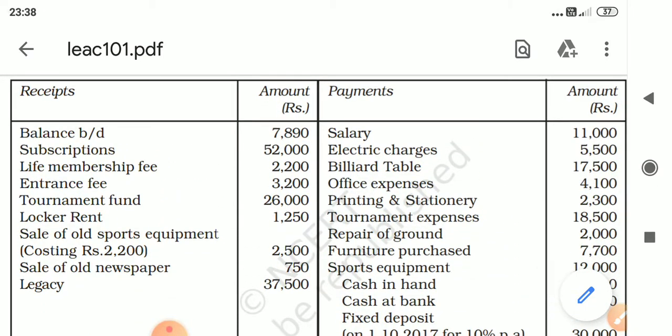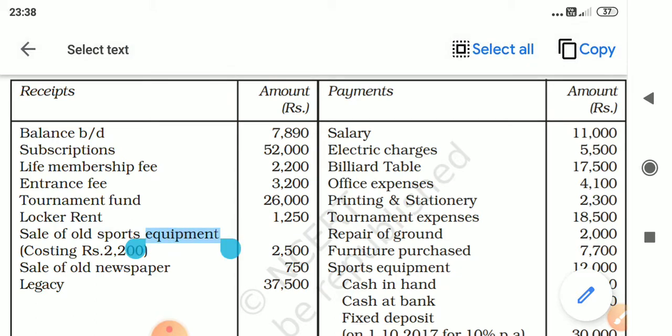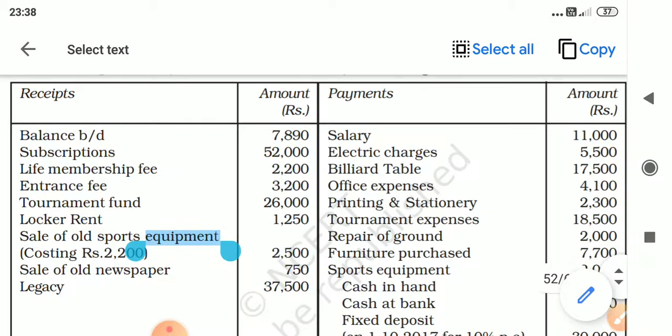Then locker rent. Locker rent is an income, so income side of income and expenditure account. Now you have sale of old sports equipment costing 2,200, sold for 2,500. So 2,500 minus 2,200, 300 is profit on sale of old sports equipment.